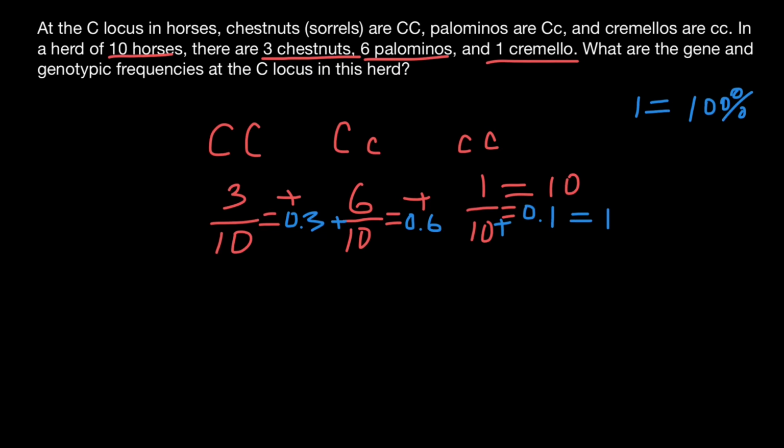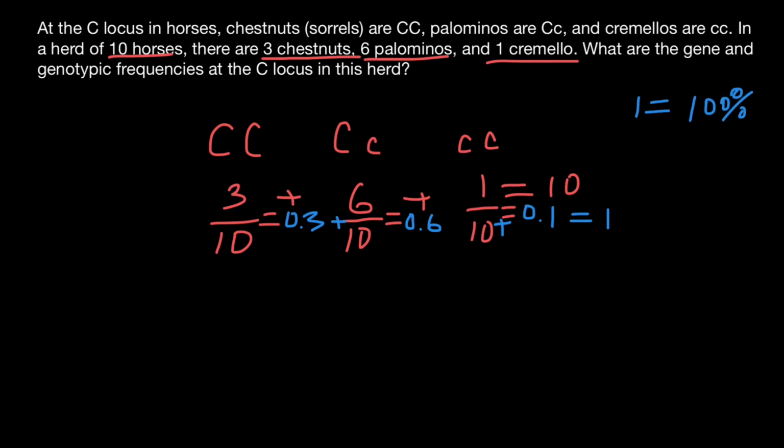So 0.3 multiplied by 100 is 30%, and this is the frequency of the homozygous dominant genotype. 0.6 multiplied by 100 is 60%, the frequency of the heterozygous genotype. And 0.1 multiplied by 100 is 10%, the frequency of the homozygous recessive genotype.